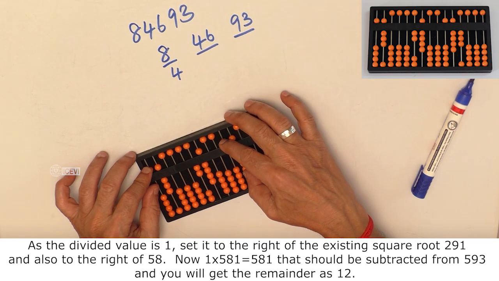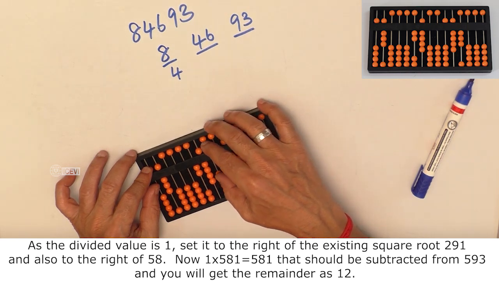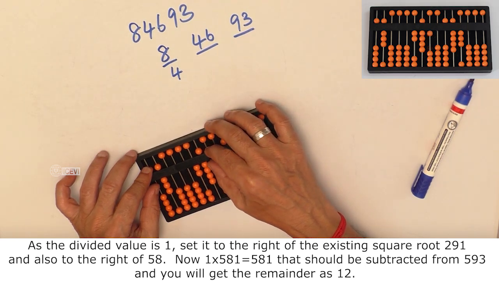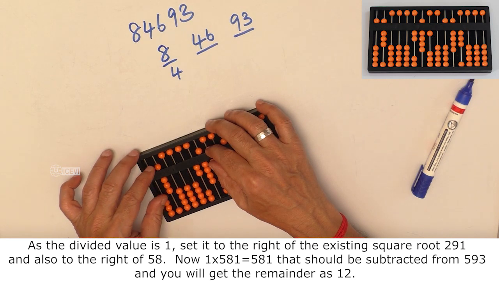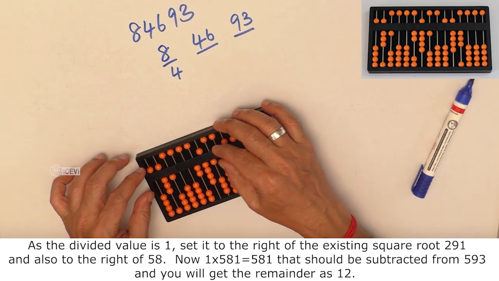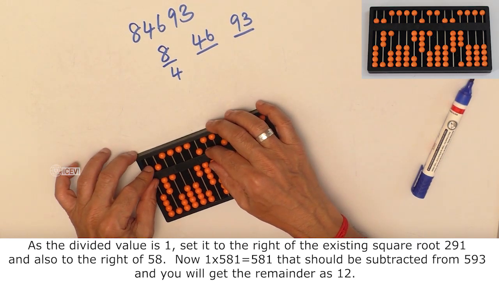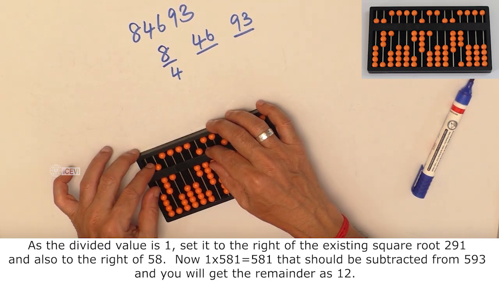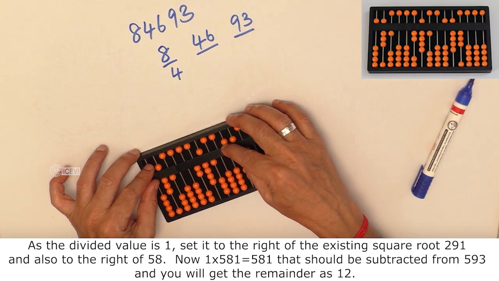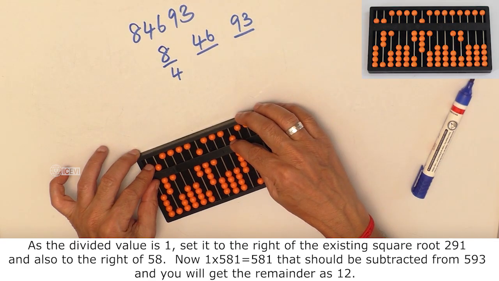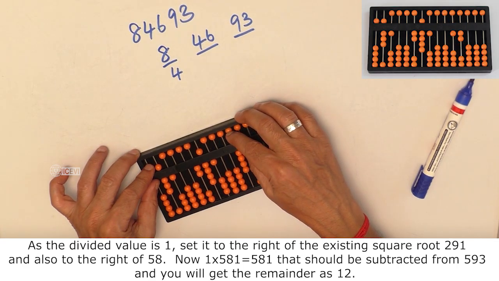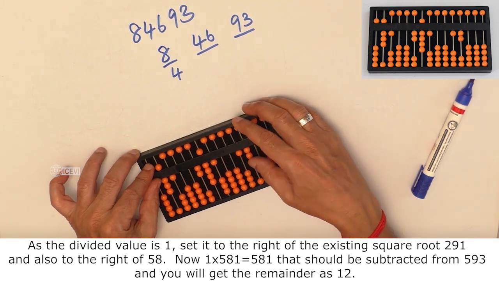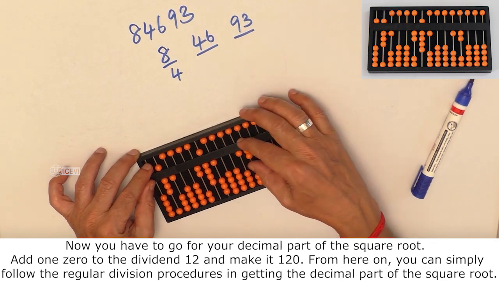As the divided value is 1, set it to the right of the existing square root 291 and also to the right of 58. Now 1 multiplied with 581, which is 581, that should be subtracted from 593, and you will get the remainder as 12.